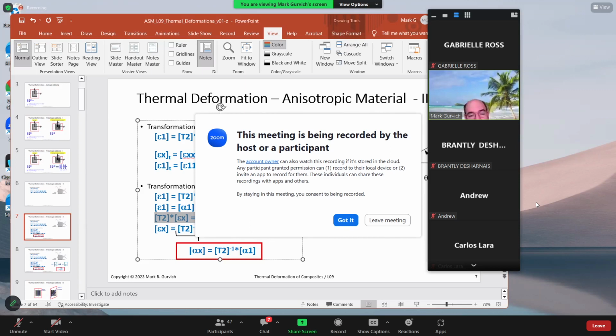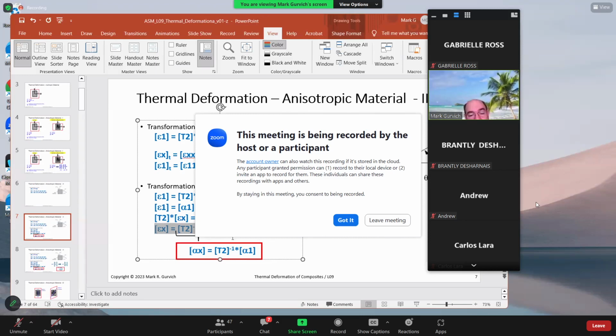And now on the right side, I have inverse matrix T2. So actually what we receive eventually is this type of equation: strain in coordinates x and y, defined by matrix epsilon x, is the product of inverse matrix T2 multiplied by the original matrix alpha 1 and multiplied by delta t.